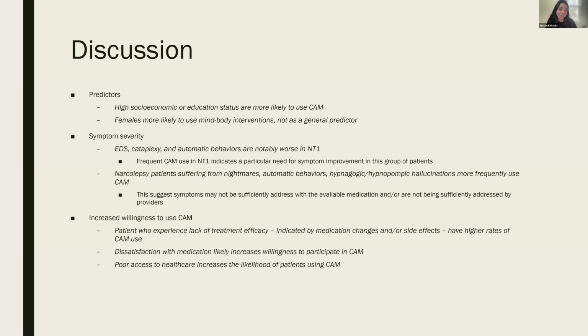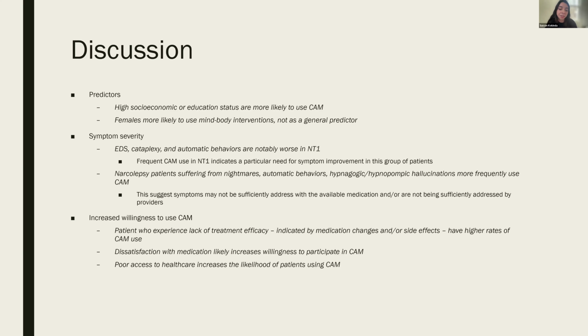And with the predictors, higher socioeconomic status and education were more likely to use CAM. And they did mention that if you were a female with narcolepsy, you were more likely to use mind and body interventions, but not as a general predictor as a whole.